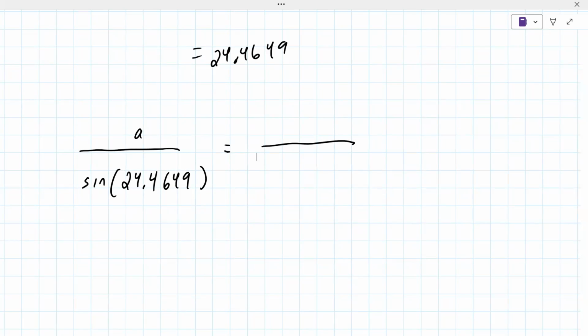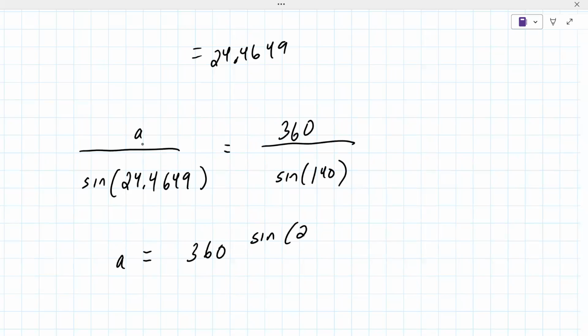So I recommend that we reuse the L, which is 360 over the sine of 140, because that was given. It's not a calculated value, in case you made a mistake on something. So to solve for a, you multiply both sides by that sine. So 360 sine 24.4649 over sine of 140.